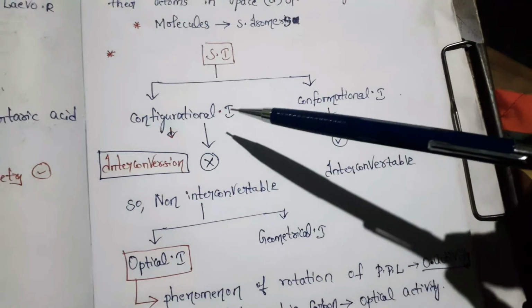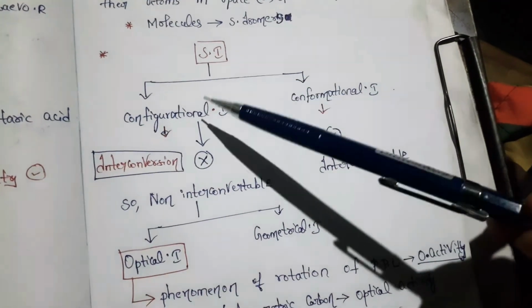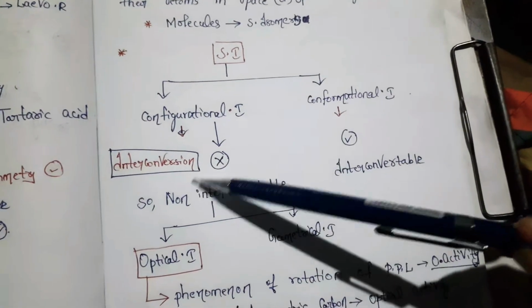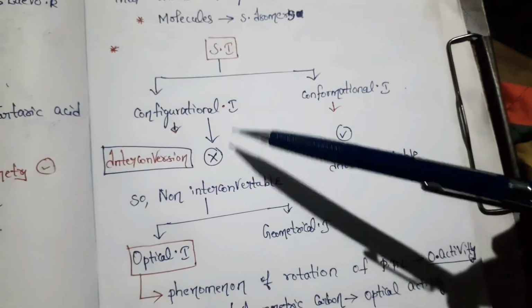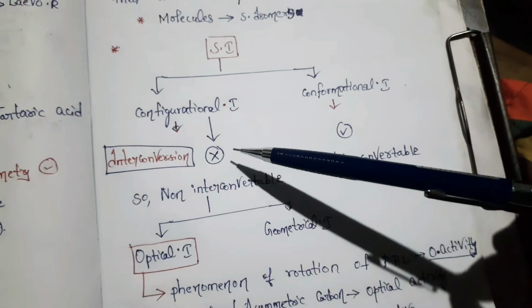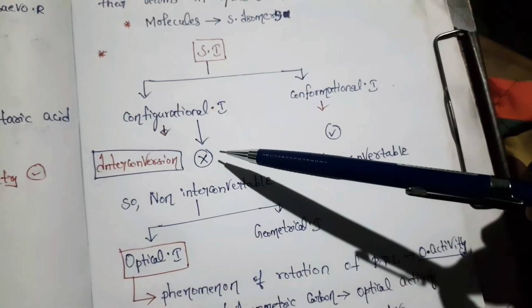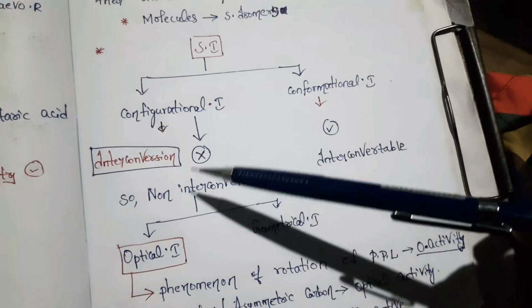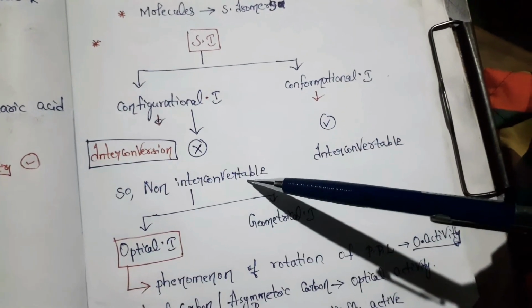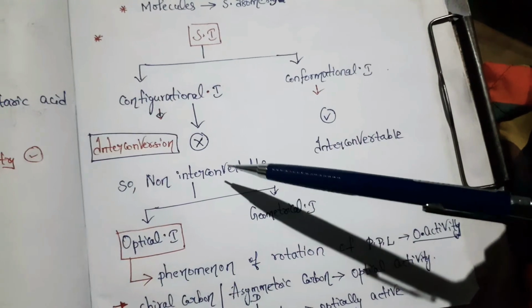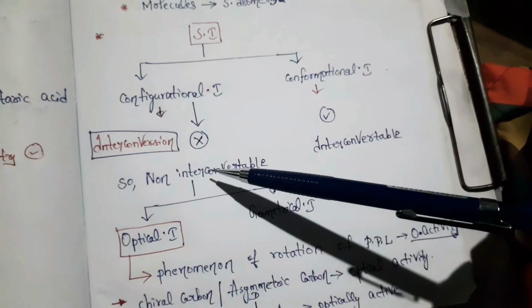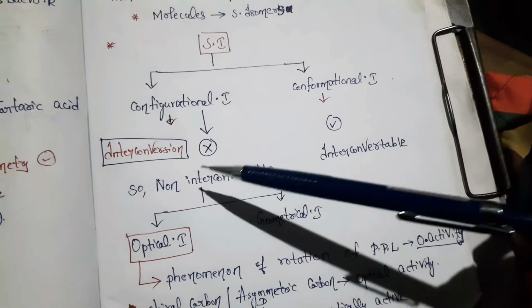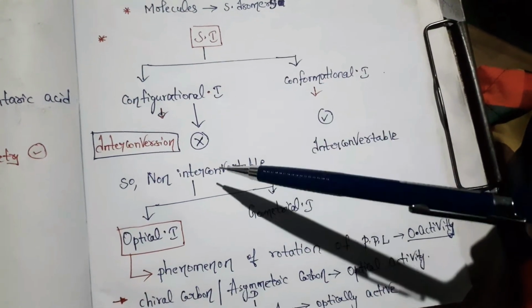If interconversion is absent, meaning it is non-interconvertible, then these stereoisomers are called configurational stereoisomers. Here it is not possible for us to interconvert them. So non-interconvertible isomers are called configurational isomers.